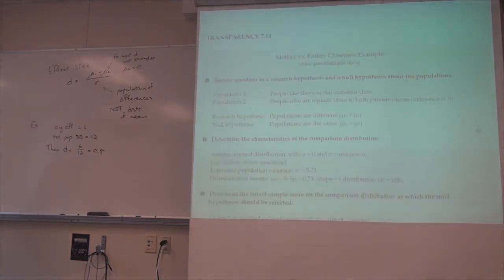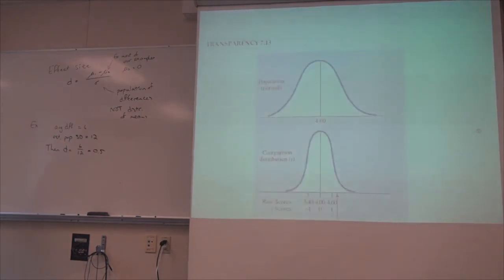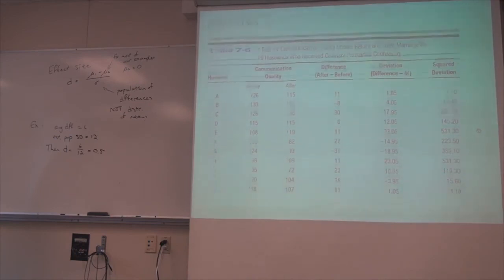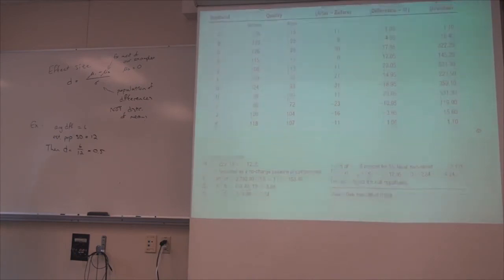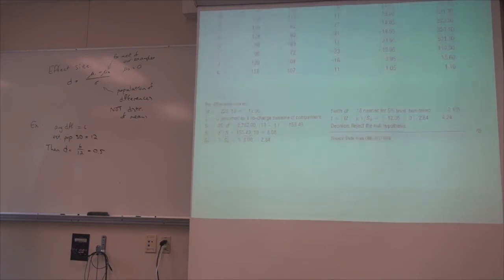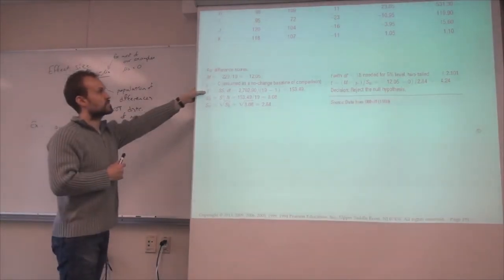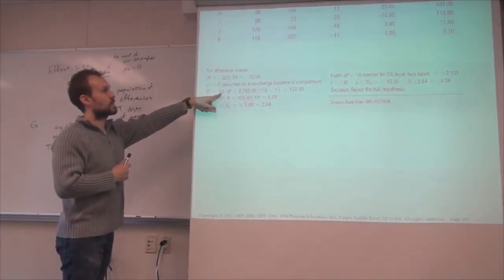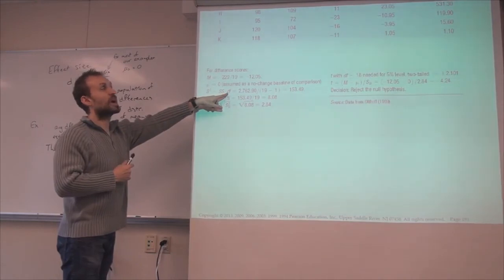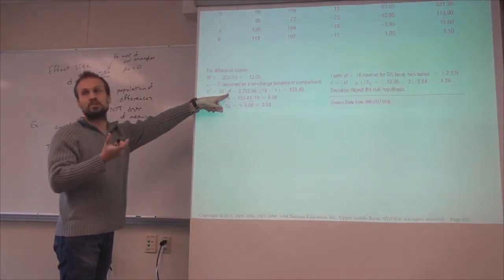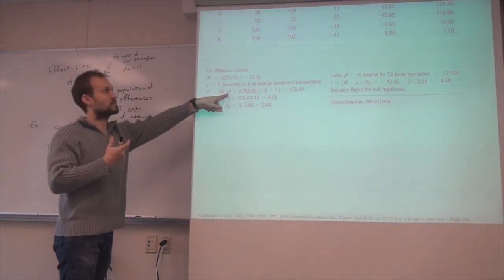If we look at our example, let's go to the first one, it's a little nicer. That was the husband one. I looked at my square deviations from my sample, the different scores, and I approximated the variance by taking the sum of the squares and dividing by n minus 1, when I'm approximating the population, instead of n.